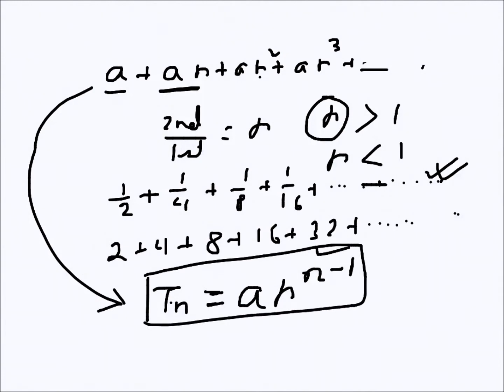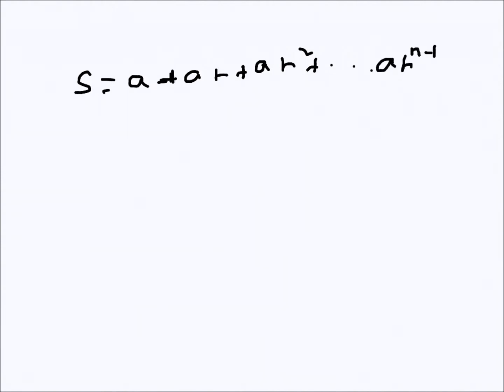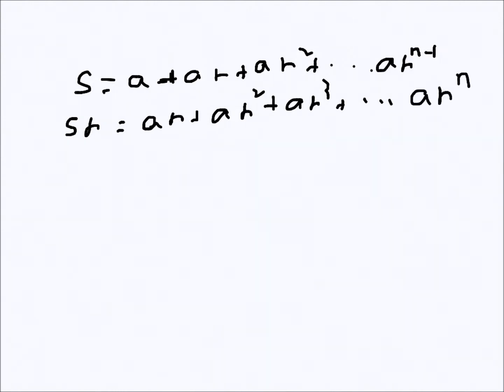If we want to calculate the sum, let's do that. So let's say we have a series like this: a, ar, ar squared, and so on. If we add them all, up to ar to the power n minus 1, and multiply by r, it becomes ar plus ar squared plus ar cubed plus ar to the power n.